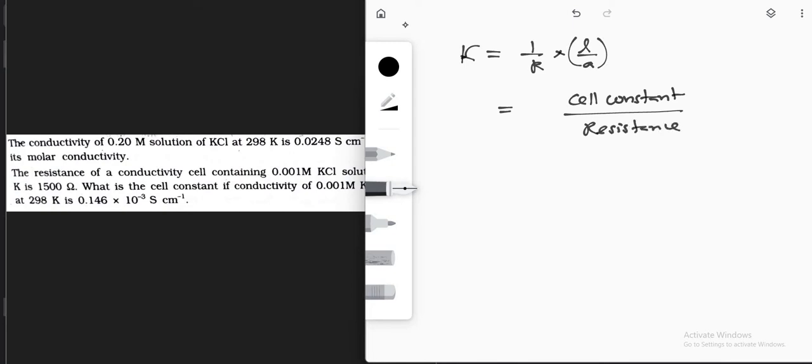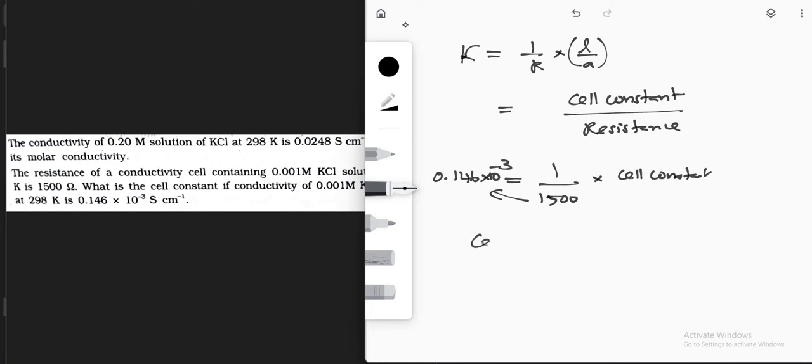The kappa value is given in the problem: 0.146 into 10 to the power minus 3. 1 by resistance is 1500 into, we need to find out the cell constant. So just multiply this by 1500, and you will get the answer.